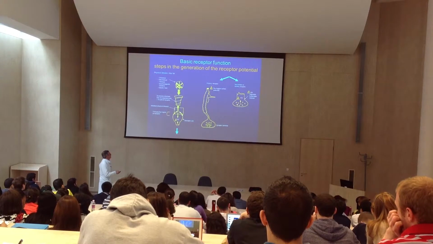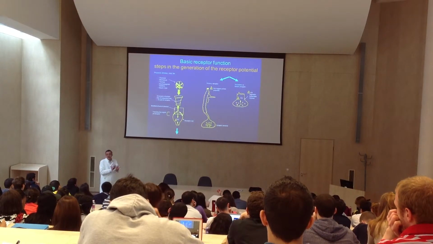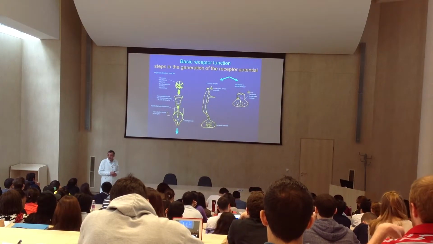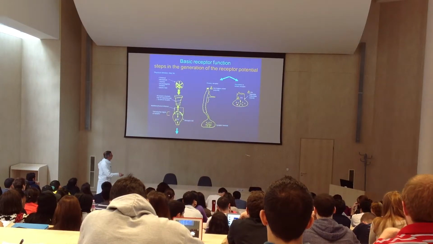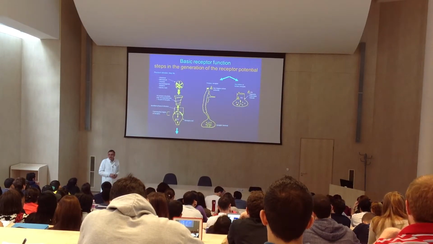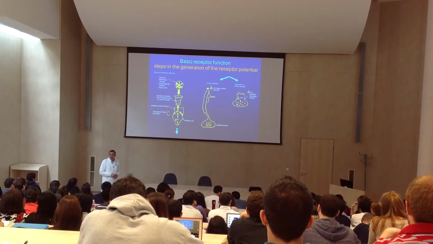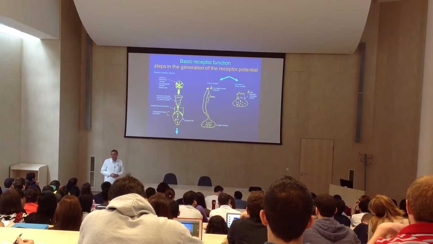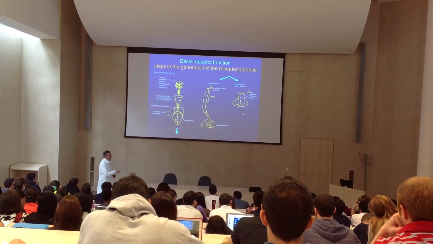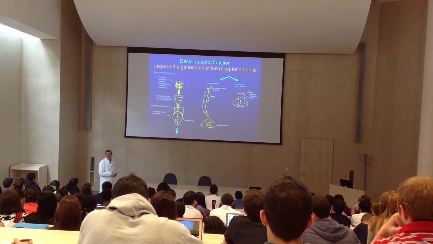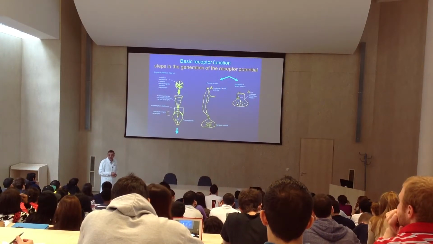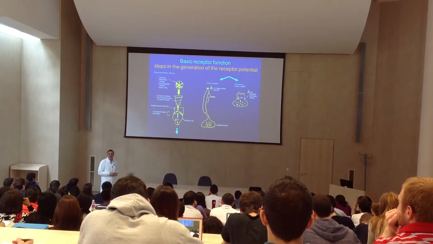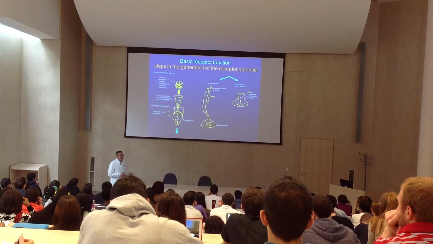If the first and second cell do not generate an action potential, but the third cell generates an action potential, we call it a tertiary receptor. If the first, second, and third cell do not generate an action potential, only the fourth does, then we would call it, we wouldn't, because that doesn't exist in our body.